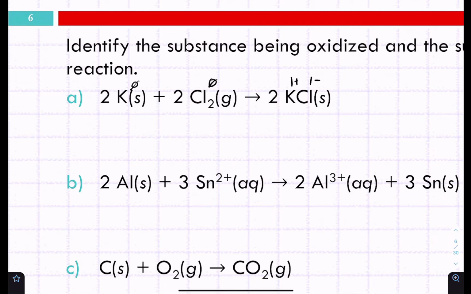Potassium is being oxidized, yes. The hard part with this is, remember, we're moving around electrons, and every electron is a negative charge. So potassium is being oxidized, and chlorine is being reduced.